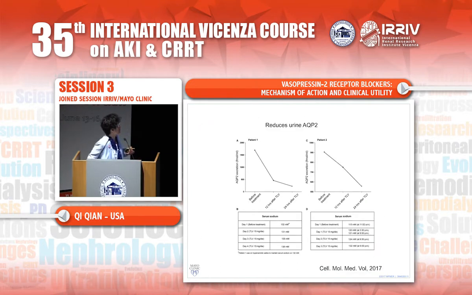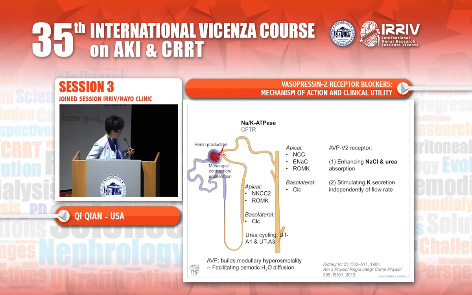These were coincident with human patient experiments. If you give tolvaptan, there's a significant decrease in urinary aquaporin release. But we have come to realize that vasopressin V2 receptor signaling does much more than just regulate water.